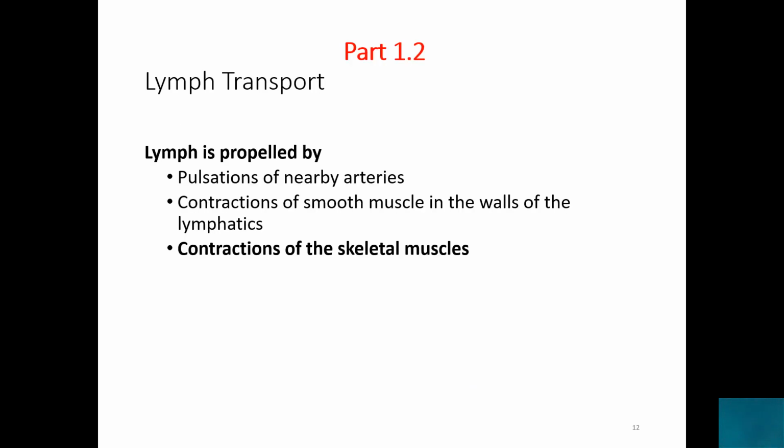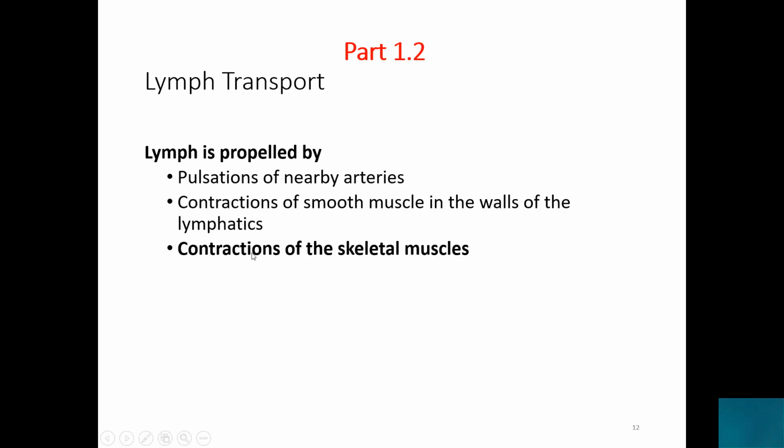There are three forces that propel lymph up through the lymphatic vessels. Most of the lymph goes up. First of all, if the lymphatic vessels are next to the arteries, then pulsations of those arteries can help to propel lymph. Next one, in the walls of the large lymphatics, there is some amount of smooth muscle that contracts and also helps to move lymph.